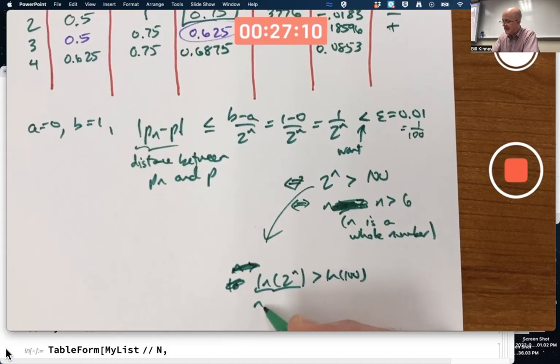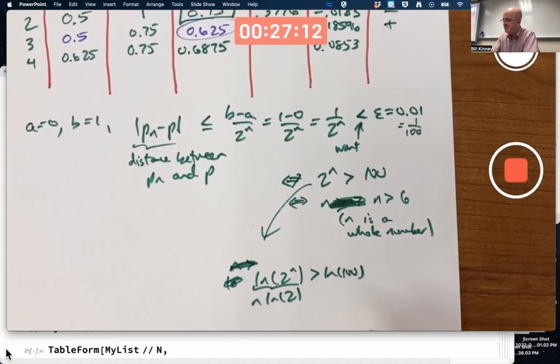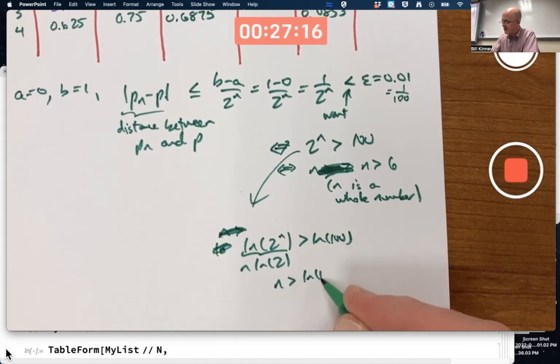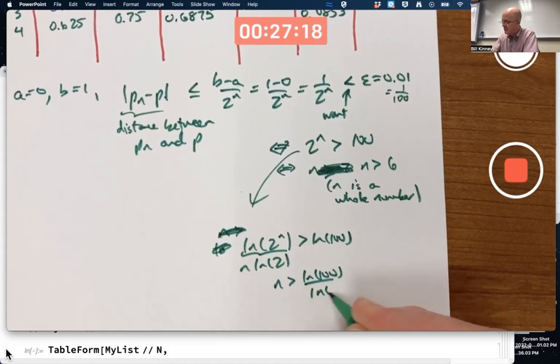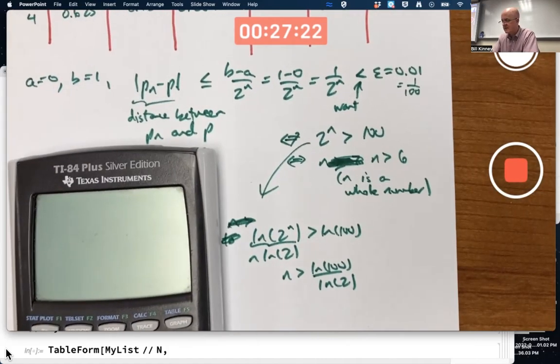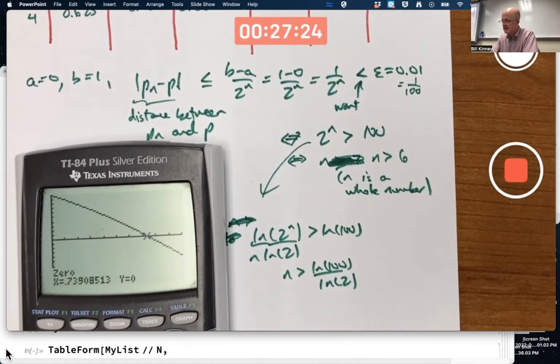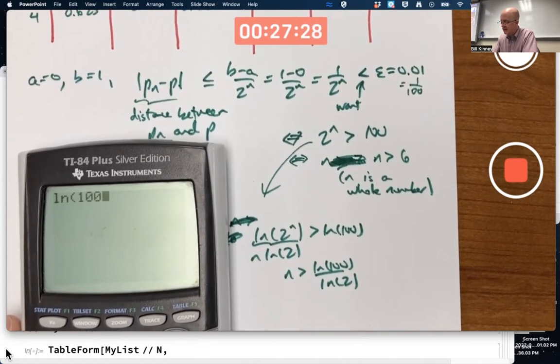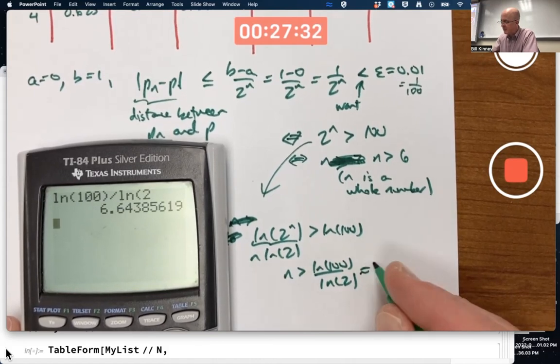This is the same as n times ln of 2. Solve that for n: n would have to be greater than ln of 100 divided by ln of 2. That's going to be an irrational number. What is it approximately? It's about 6.64.